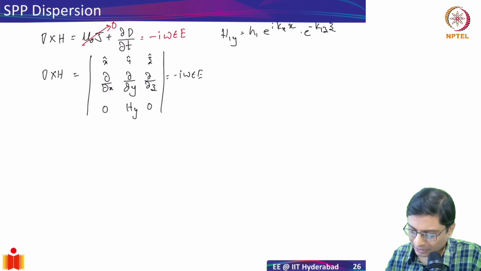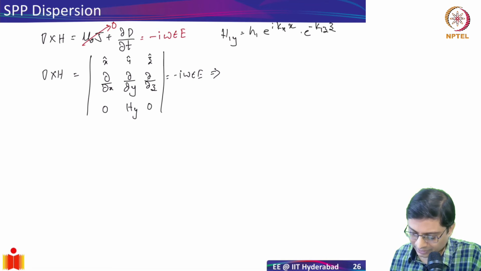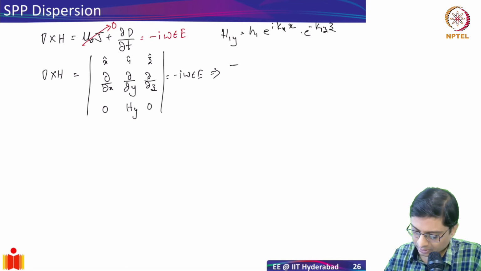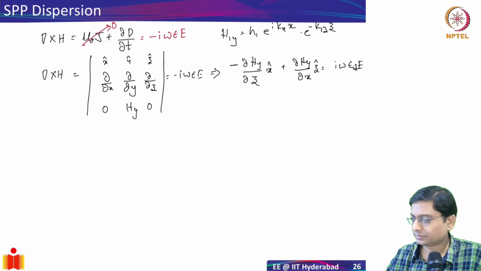You can write out the individual equations. Will there be an x component? Yes, it is minus del Hy by del z. Will there be a y component? No. The z component is plus del Hy by del x, and that is equal to minus i omega epsilon, for the first medium the dielectric, times the electric field E.